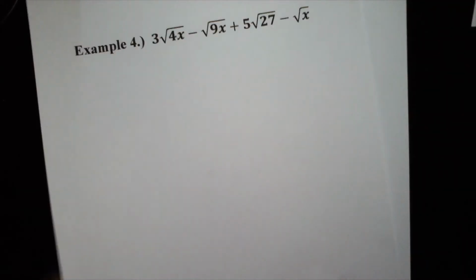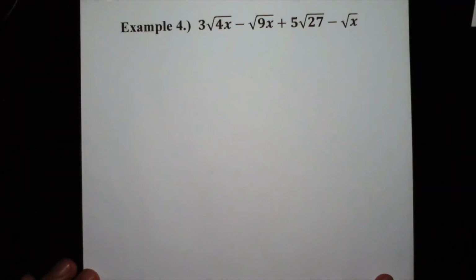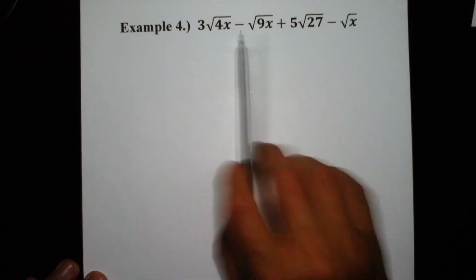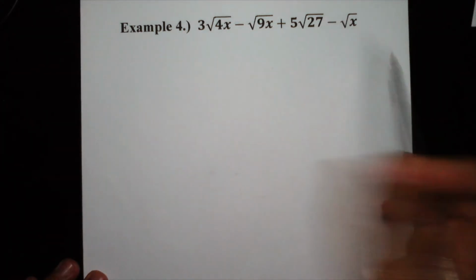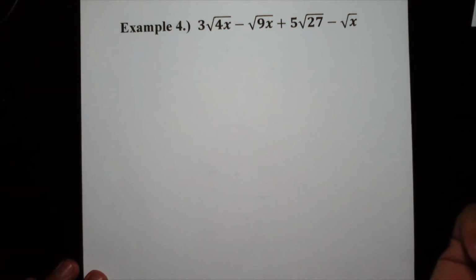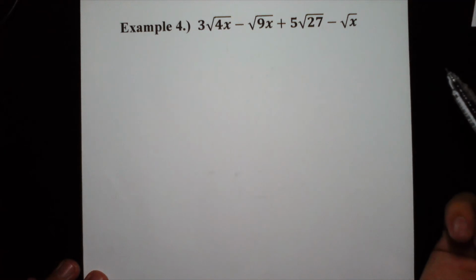So example number 4 is 3 square root of 4x minus 9x plus 5 square root of 27 minus square root of x. Same rule, we need to verify first before we perform addition and subtraction if the given terms are similar terms or similar radicals.